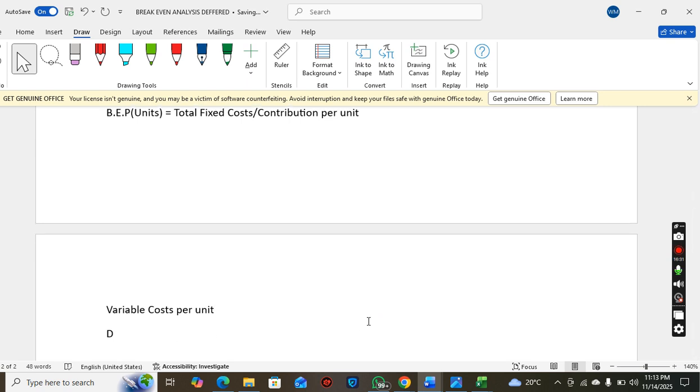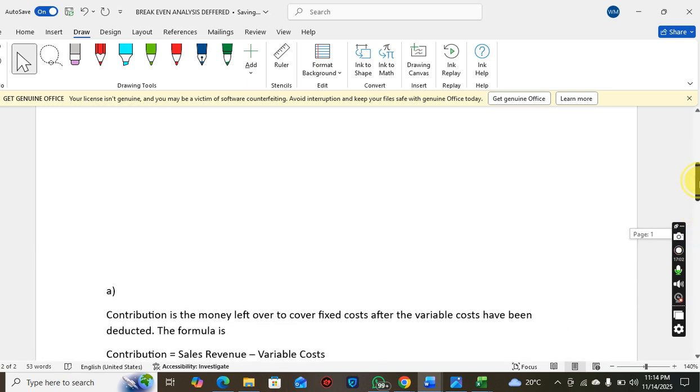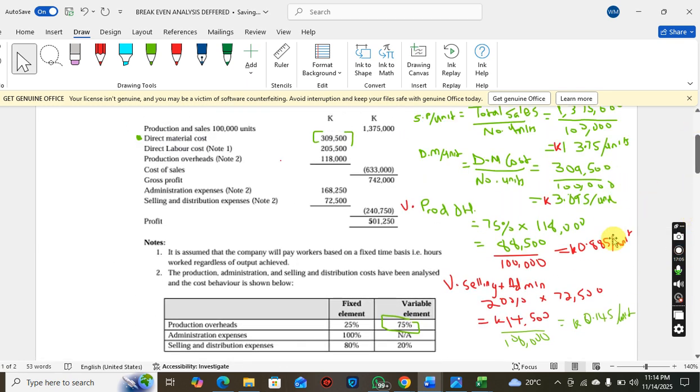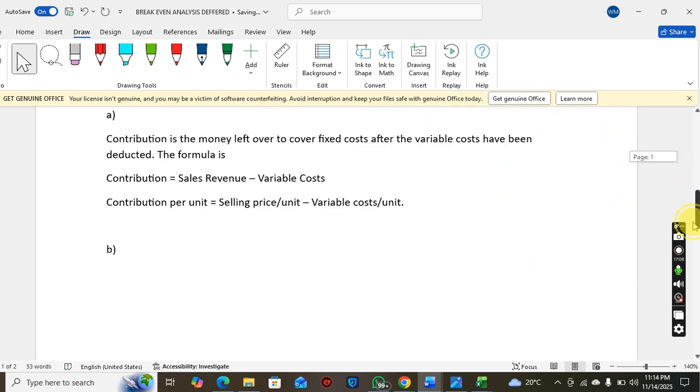Okay, we have direct materials. Direct materials, we said it was 3.095. Variable production overheads, we said that was 0.885.